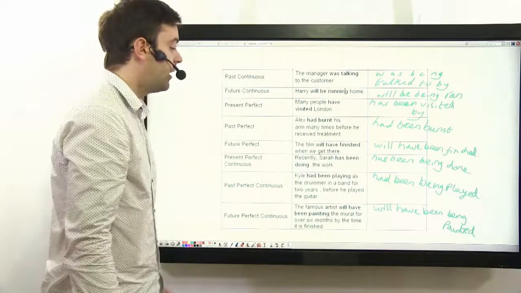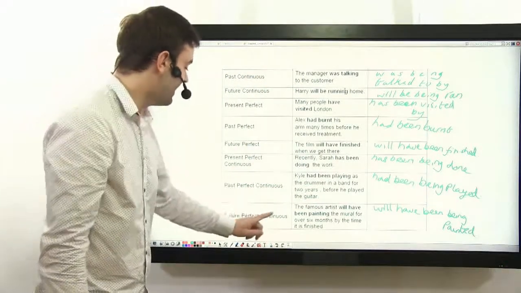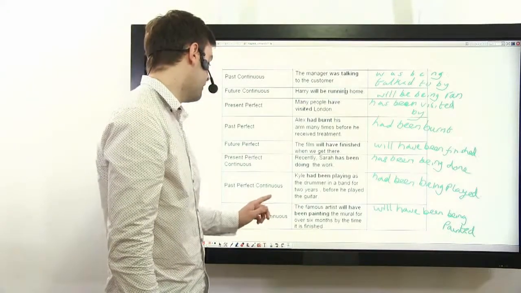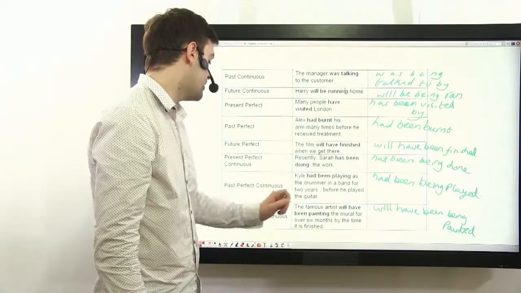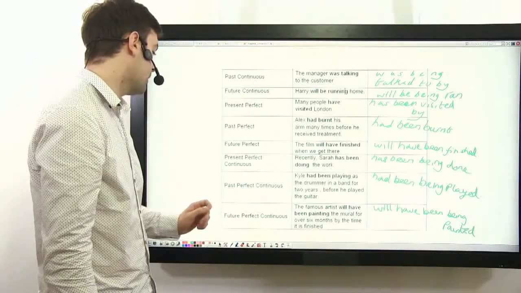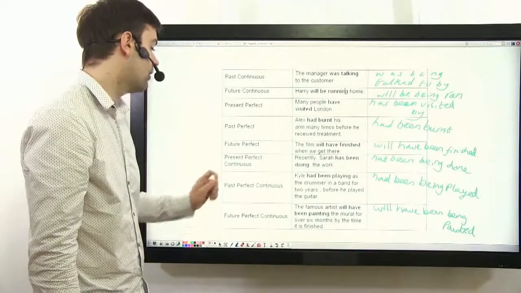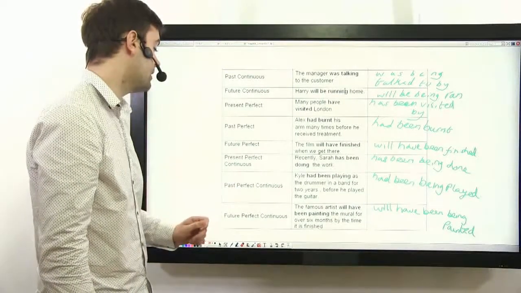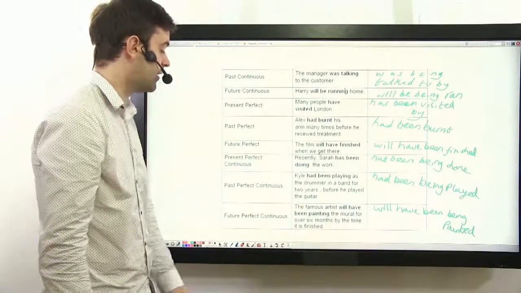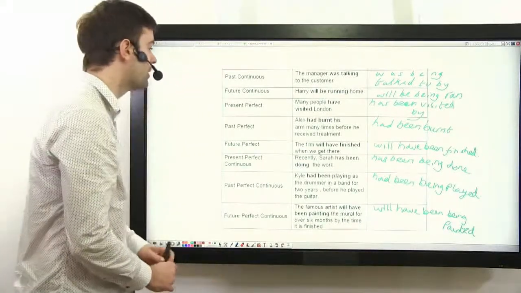Will have been being painted. So here, by the time it is finished, the mural will have been being painted for over 6 months by the famous artist. Great.